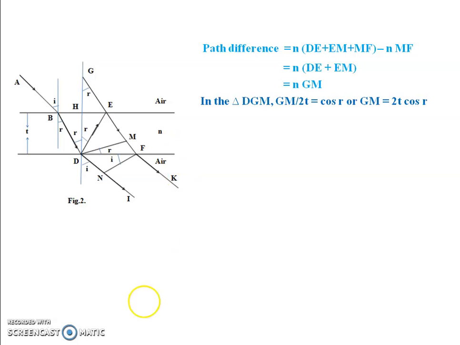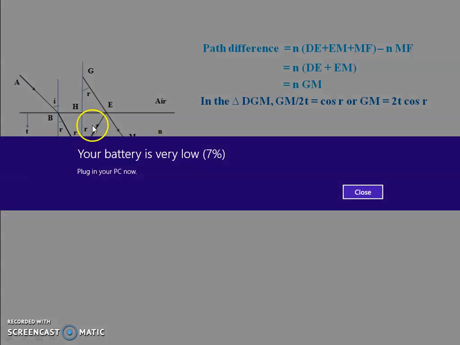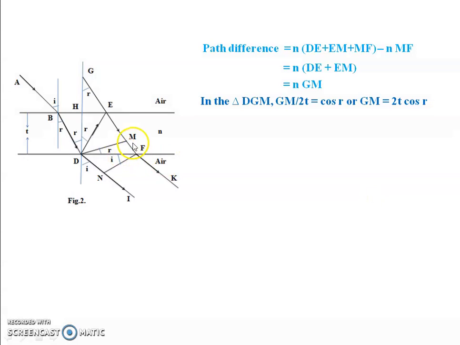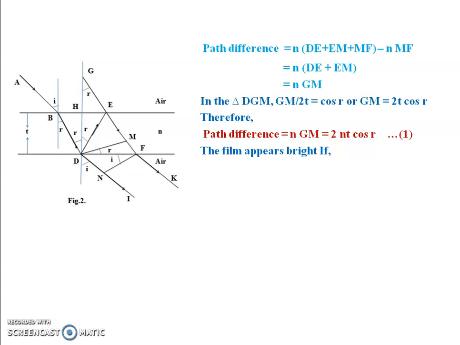Now in the triangle DGM, GM upon 2t is equal to cos r, or GM can be written as 2t cos r. Therefore, the path difference is equal to μ into GM, and that can be written as 2μt cos r. Let us consider this as equation number 1.